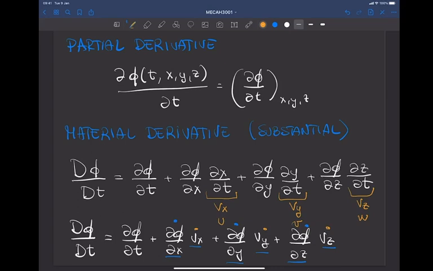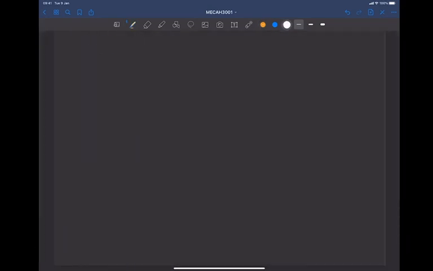Okay, so I can rewrite everything here as the material derivative of phi, okay, it's equal to the partial derivative of phi in time plus the scalar product of the velocity vector and the gradient of phi.